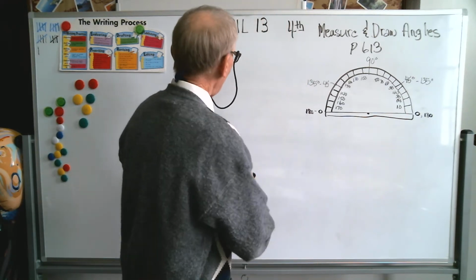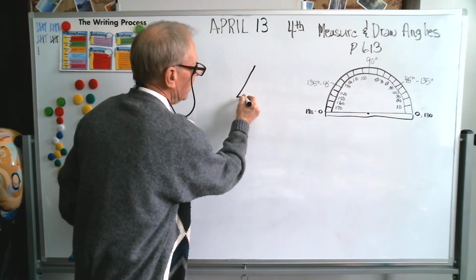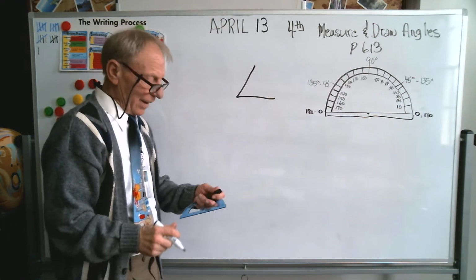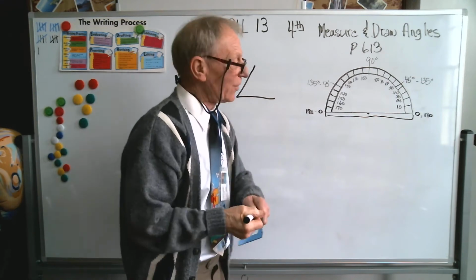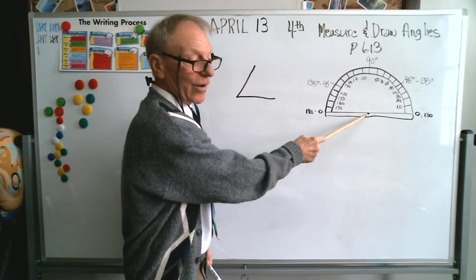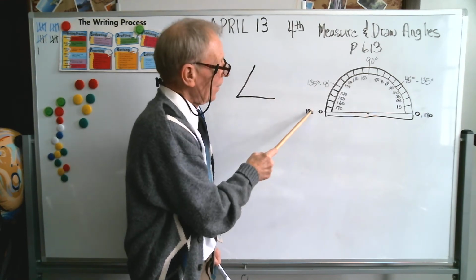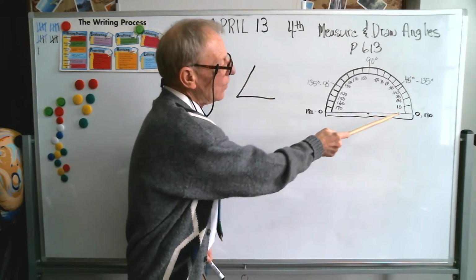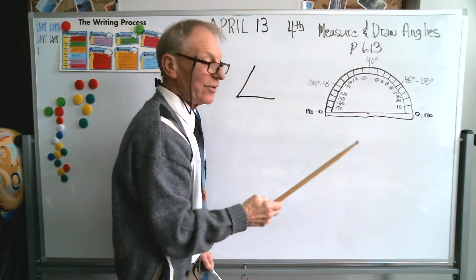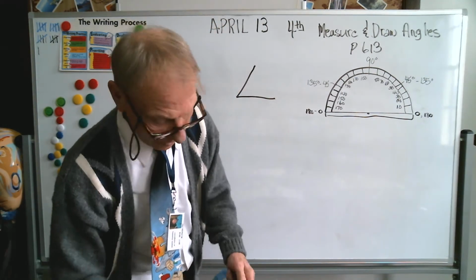Well, let's draw an angle. Just arbitrarily draw an angle. Now, to use the protractor, the very center of the base of the protractor, which is in line with the 0, you line the center point at the vertex of the angle.